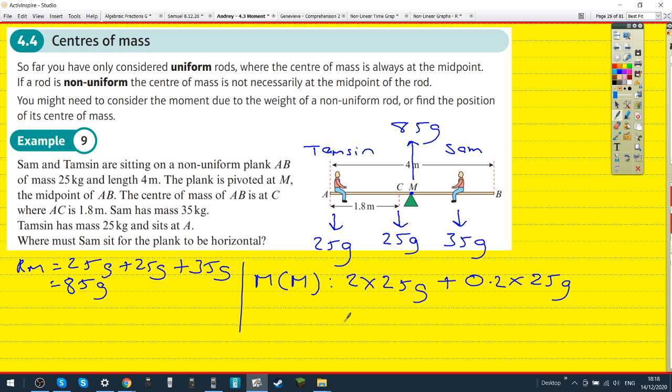If we want it to be horizontal, like Sam can move. Should they move backwards or forwards? Well, we don't know where Sam is sitting, but basically, they have to be equal. Like these two on the left have to be equal to this one on the right.